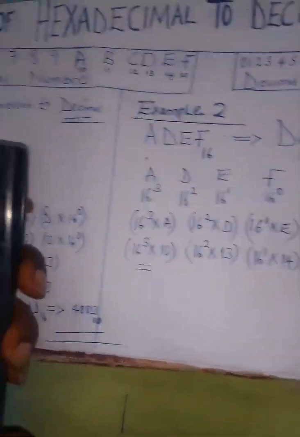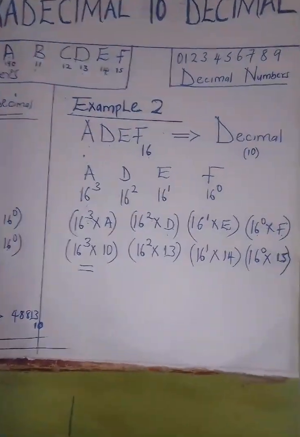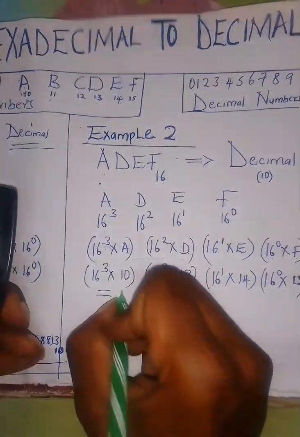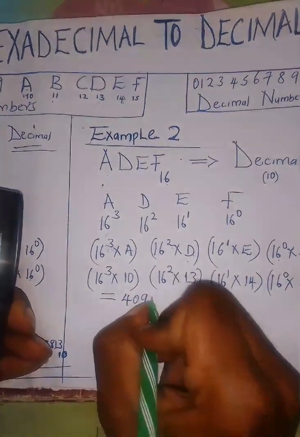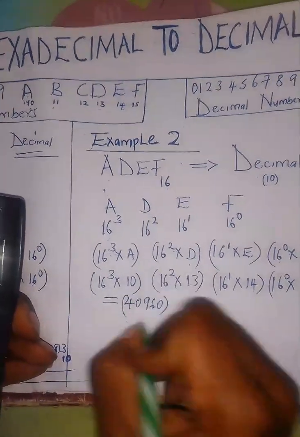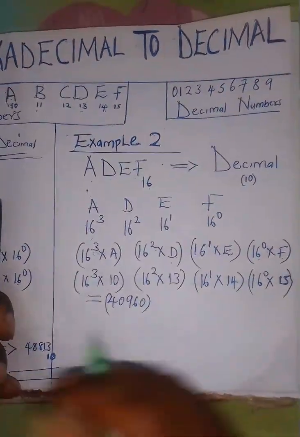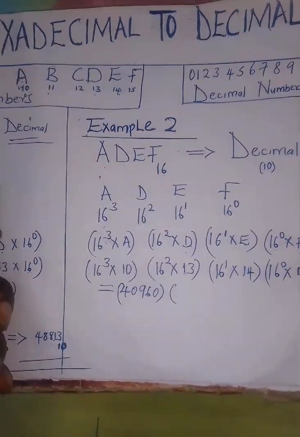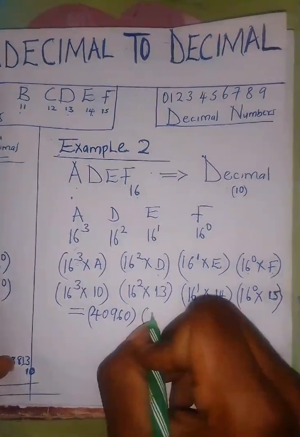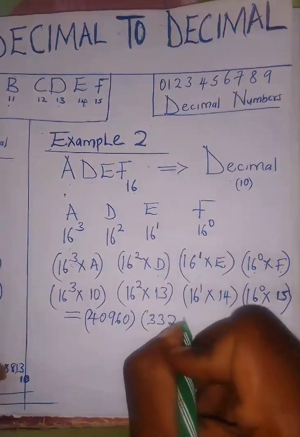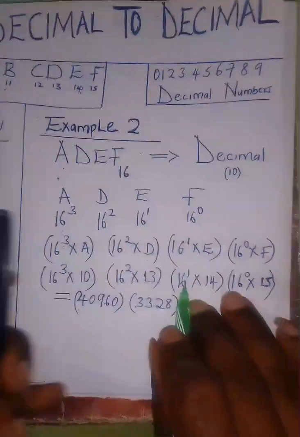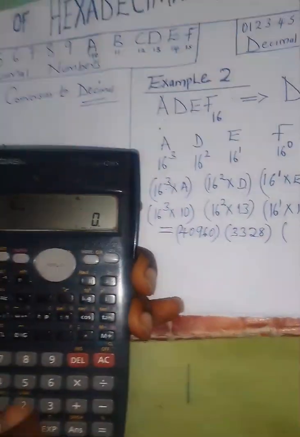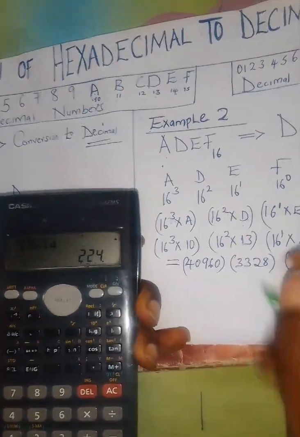From there you add the products, but first of all let us get the products. 16 power 3 times 10 is 40,960. What about 16 power 2 times 13? It is 3,328. 16 power 1 times 14 is 16 times 14, which is 224.